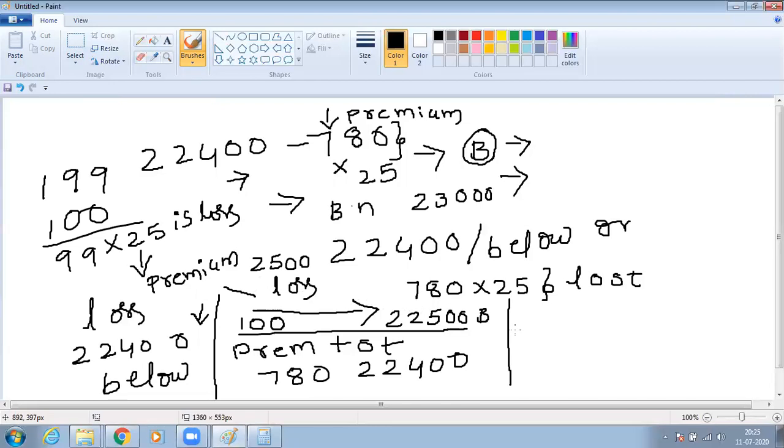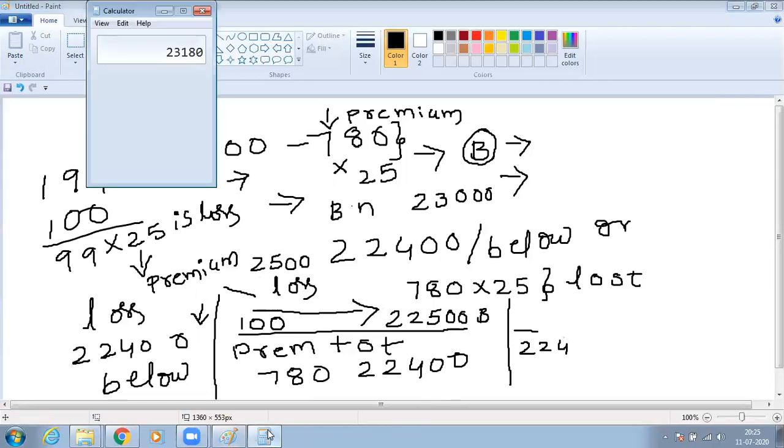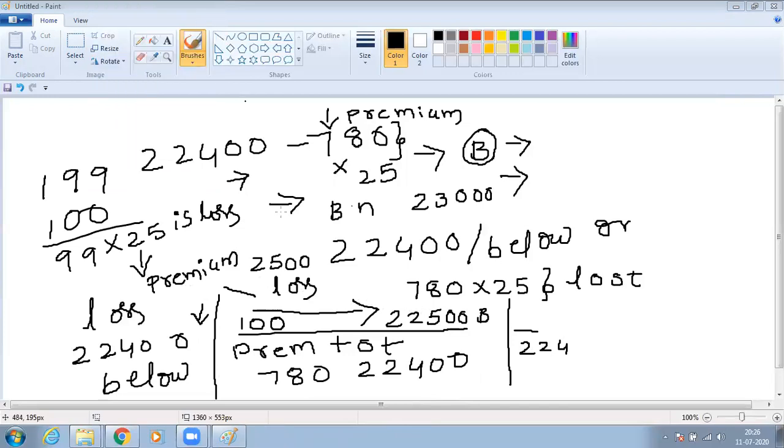Once you enter this position, 22,400 plus 780, this is 23,180.